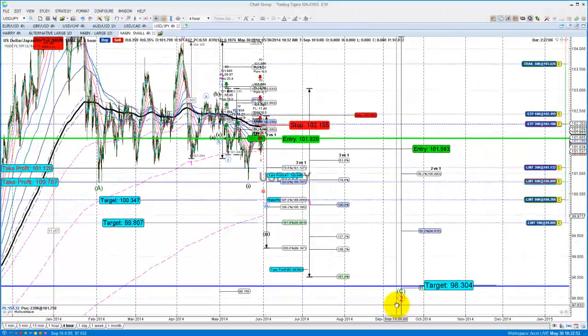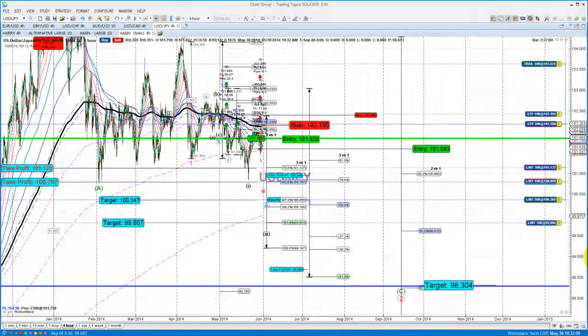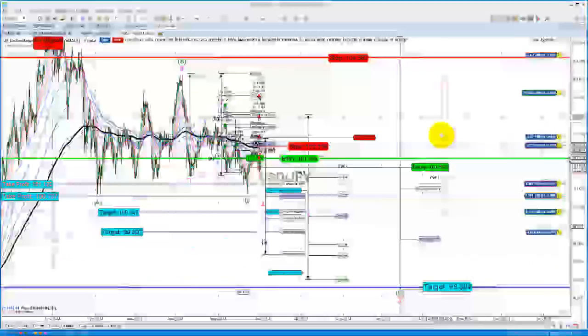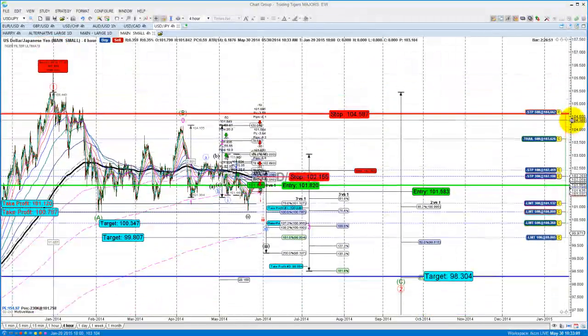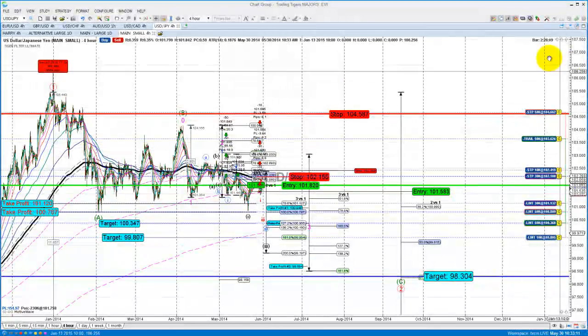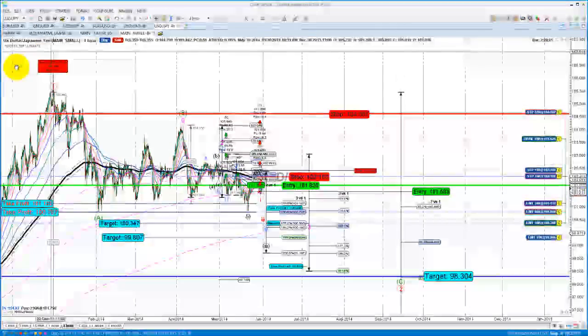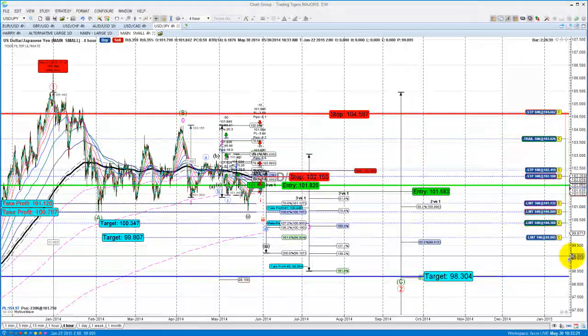As you can see, the level down is at 98,304, and that's at the 61% retracement level. That's assuming that our wave count, of course, is right. If I can clear that up as best as I can, there's the 1, and we have the 2 down here waiting for a larger move down.